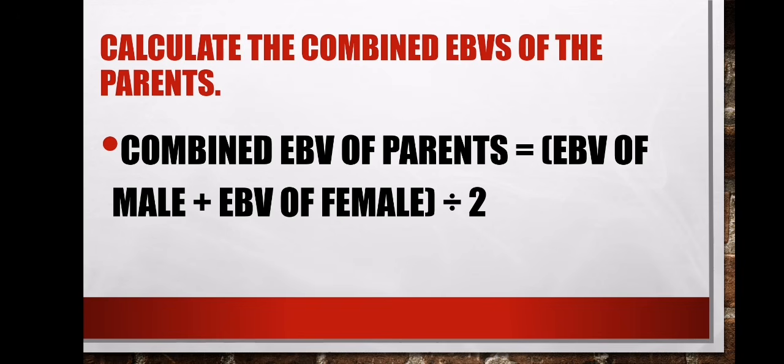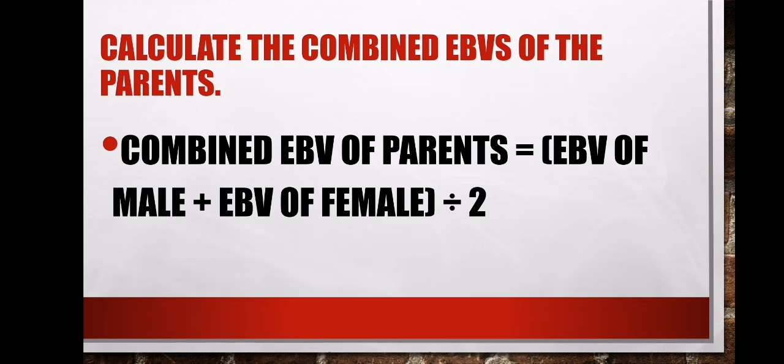So it means the male will contribute half of 2.1, the female will contribute half of 1.2, and then we will combine these two and get the EBV of the parents combined.